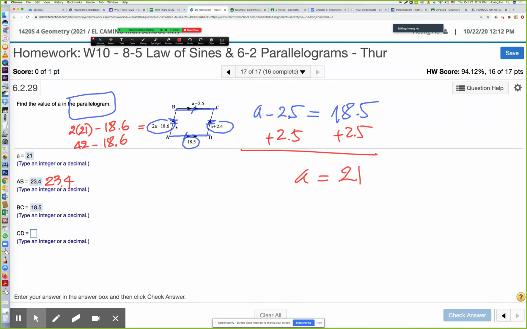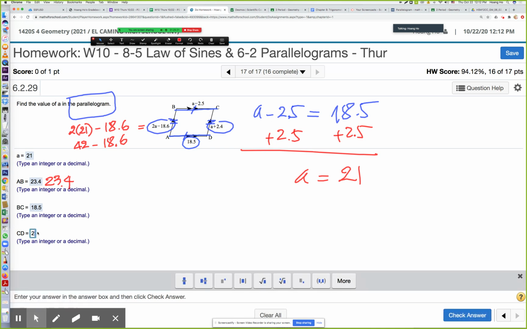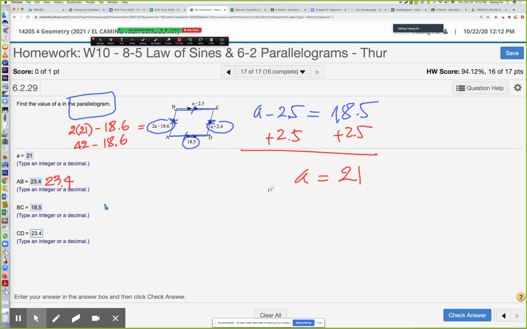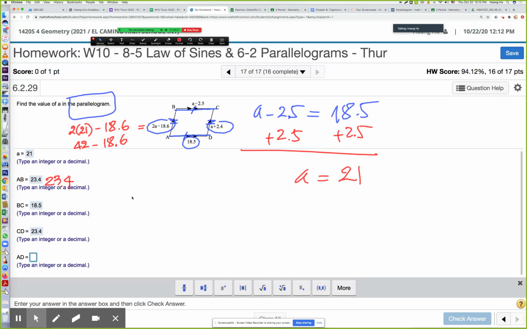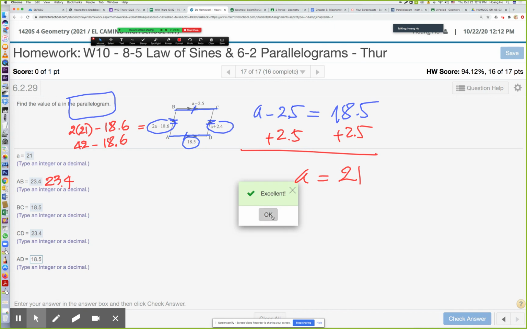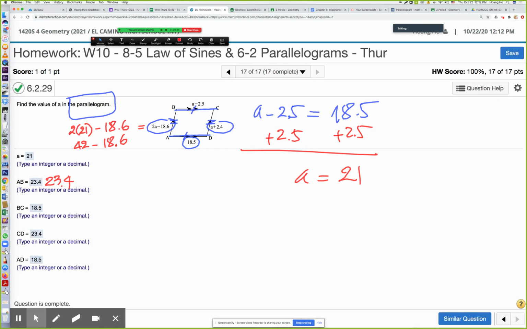CD equal AB. CD you come out at 23.4 already. So all I need to do is put 23.4 and then I'm done. And of course, AD is 18.5. Why do they ask you again? 18.5 is AD. That's it.